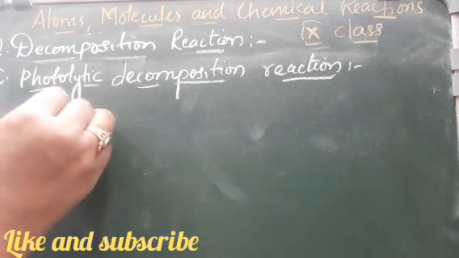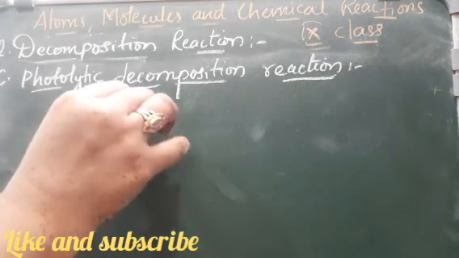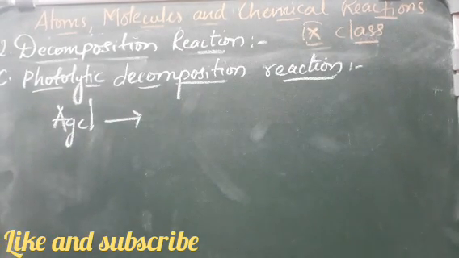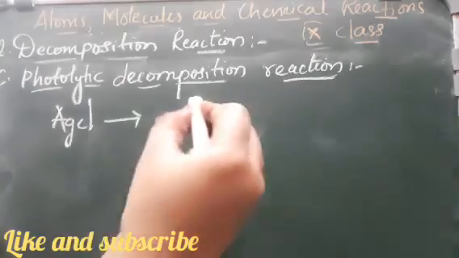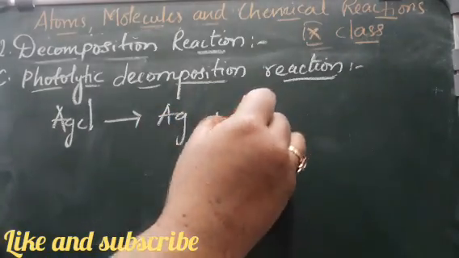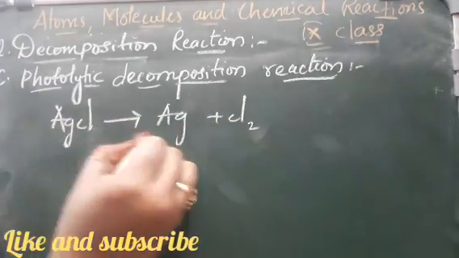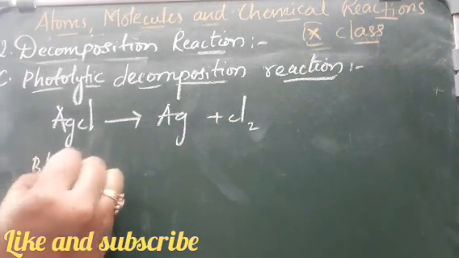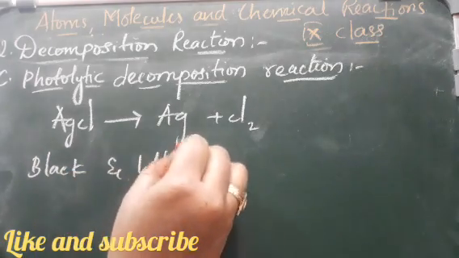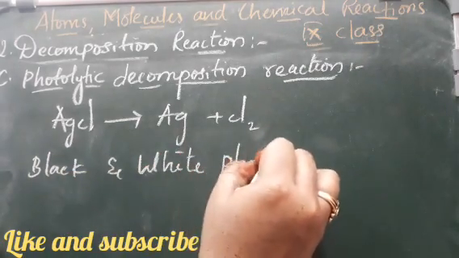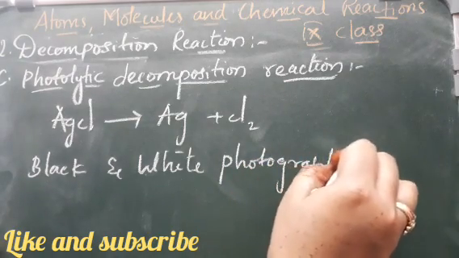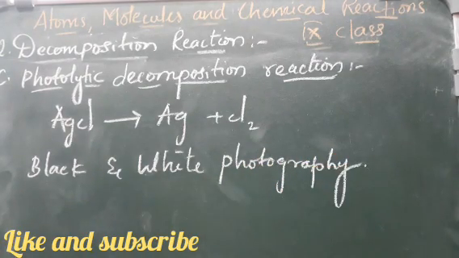It is a decomposition carried out in the presence of light. For example, if we take silver chloride, the result we are going to get is Ag plus Cl2. This reaction is used in black and white photography.